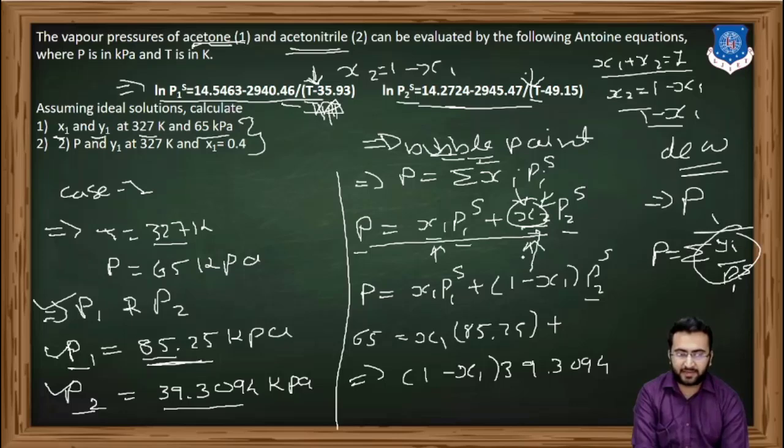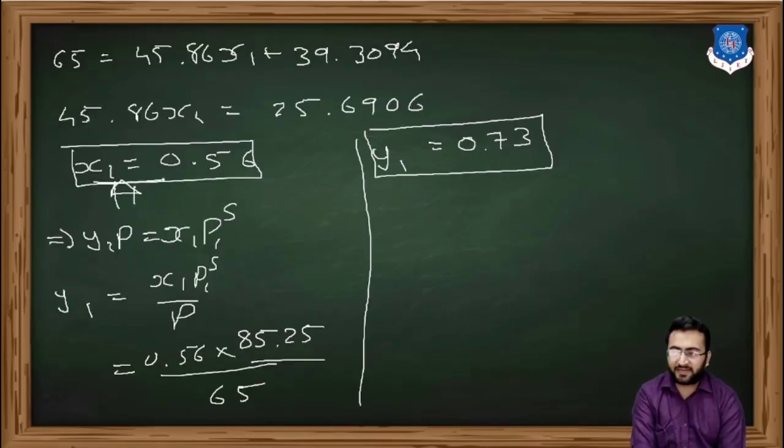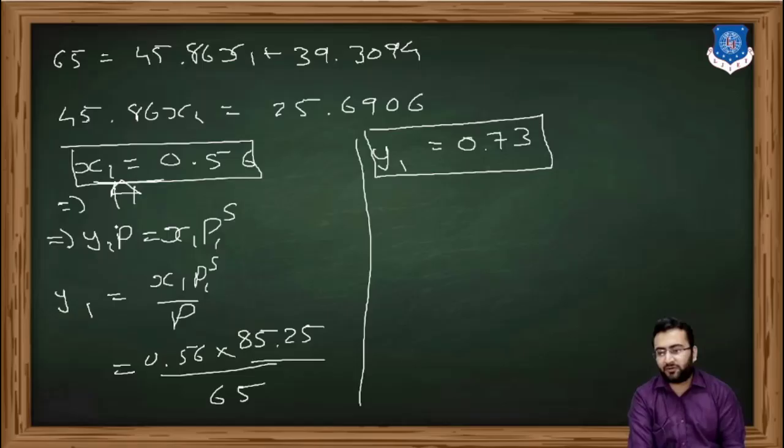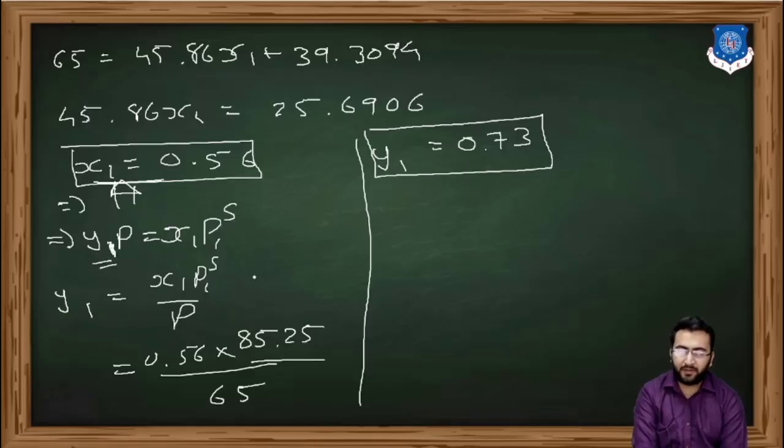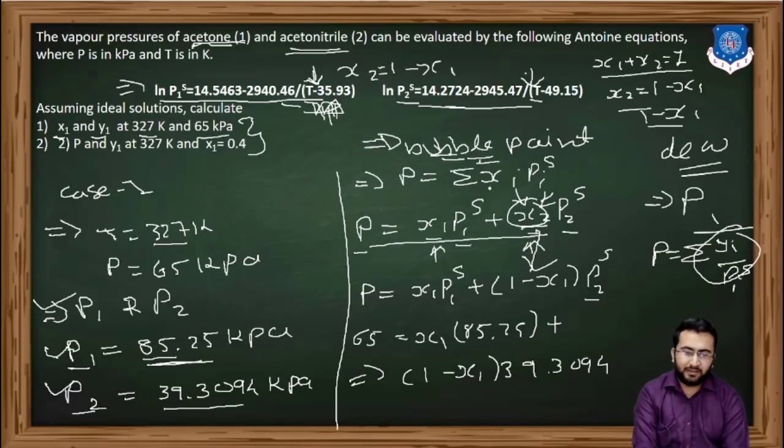So replacing this x2 with 1 minus x1, putting in all the values and calculating, we will get the value of x1, which is 0.56. Then in step 2, we have to apply Raoult's law to find the vapor phase composition. So applying Raoult's law for component 1, we get the value of y1 by calculating with the values which we already found in this session.